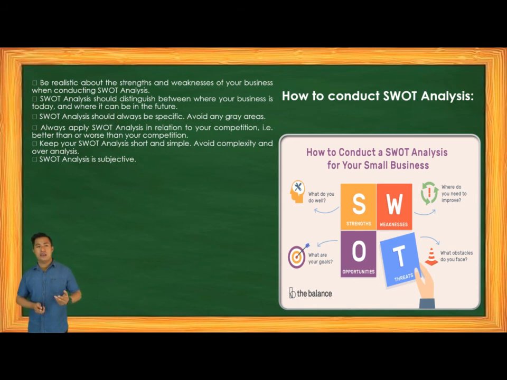Always apply SWOT analysis in relation to your competition, better than or worse than your competition. Keep your SWOT analysis short and simple. Avoid any complexity and over-analysis. And the last one, SWOT analysis is subjective.